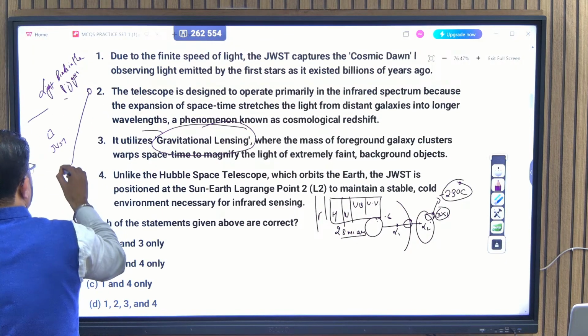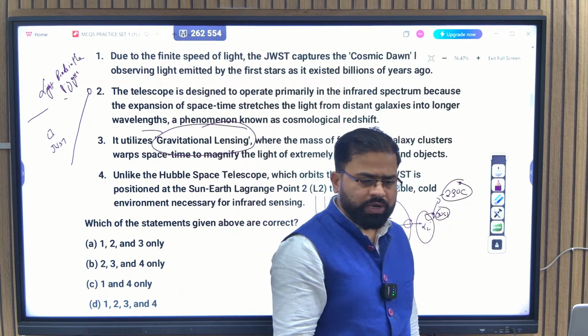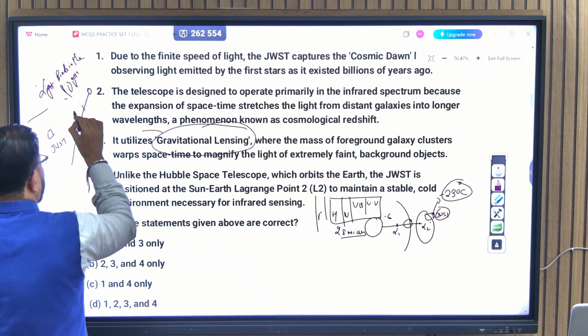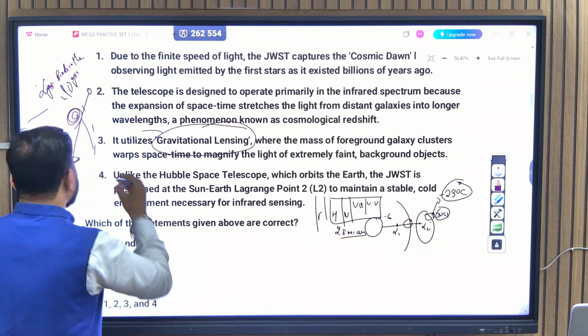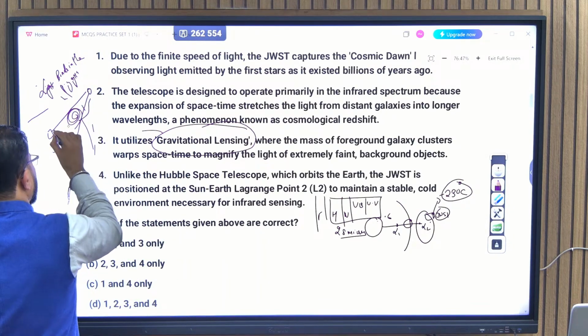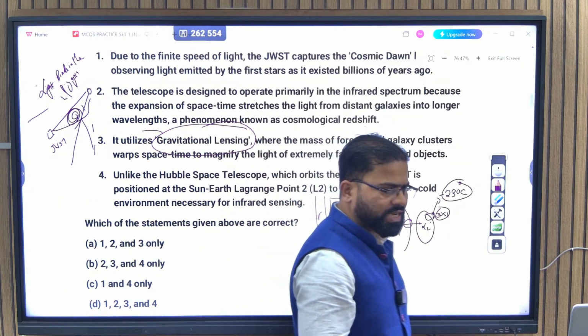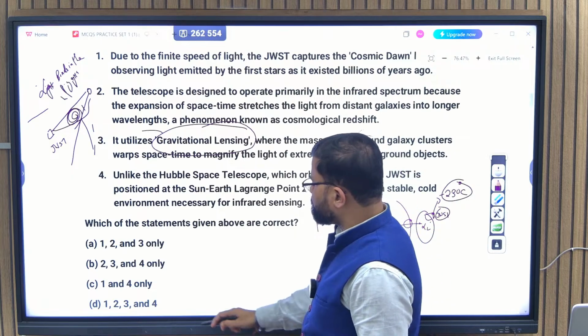It is emitting light. Now this light is not falling on the James Webb Space Telescope parked at the L2 point, but if a particular galaxy comes in this region, the light will bend. It will fall on the optical telescope. That is called your gravitational lensing concept. So all these concepts are applicable. So what will be the answer? The answer will be 4.